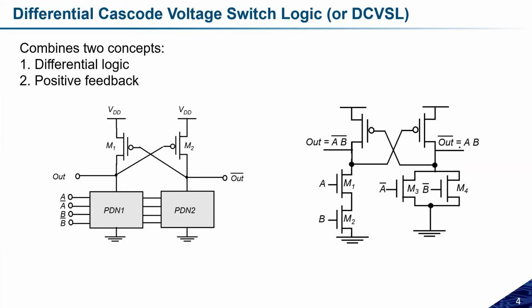Whatever input I have provided to the pull down network will be complementary in PDN2.